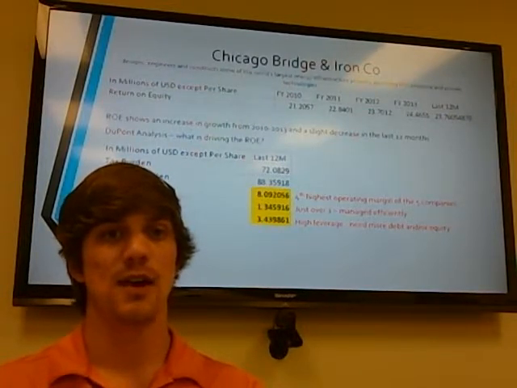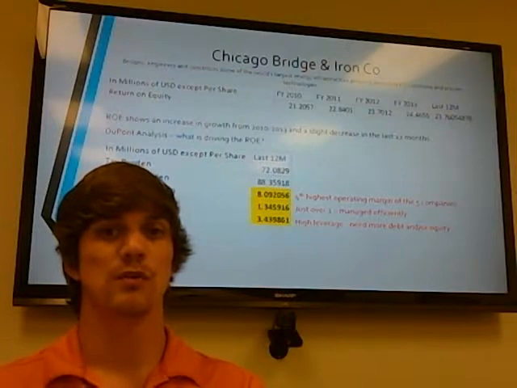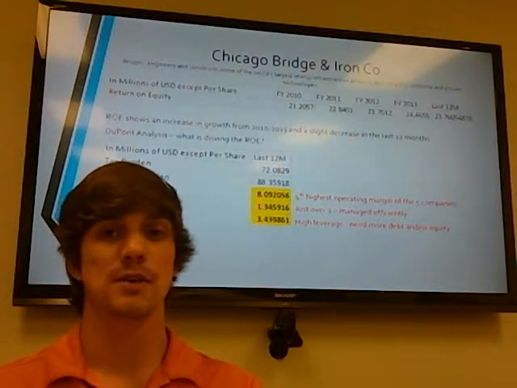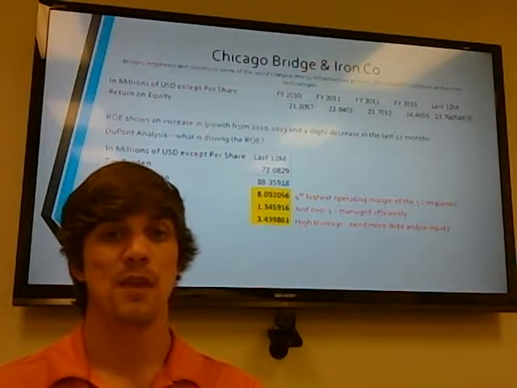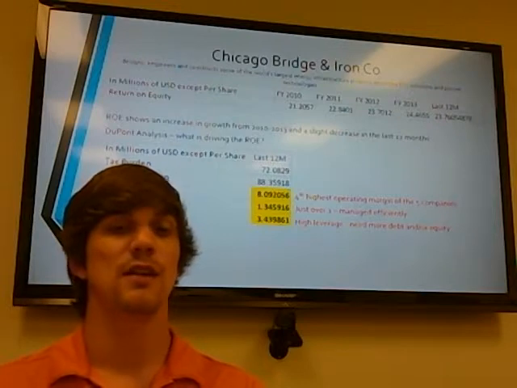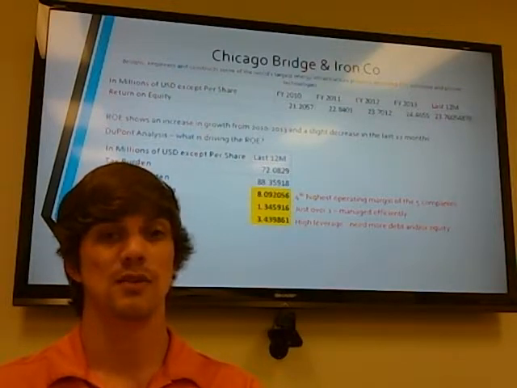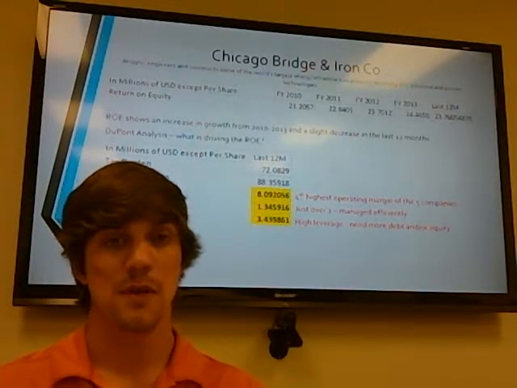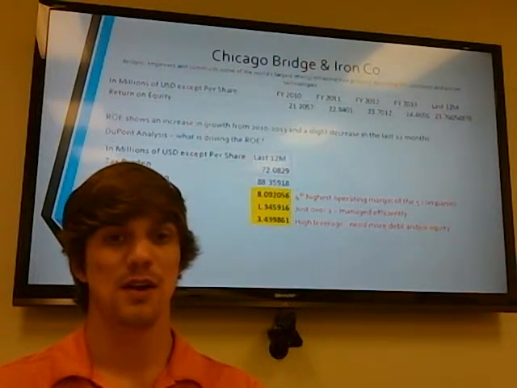CB&I designs, engineers, and constructs some of the world's largest energy infrastructure projects, providing EPC solutions and proven technology. Looking at their ROE, it does have a steady increase, which is good. Their breakdown, there's low numbers on their DuPont analysis.